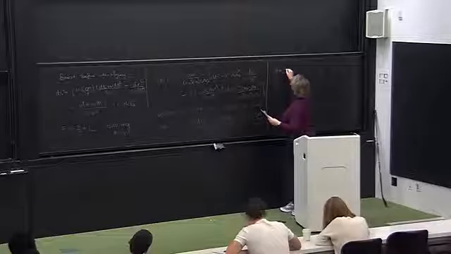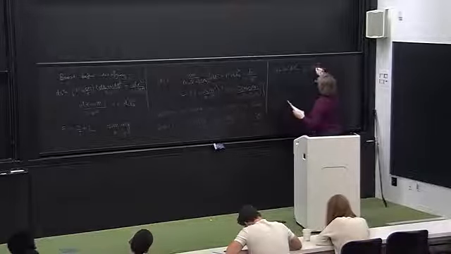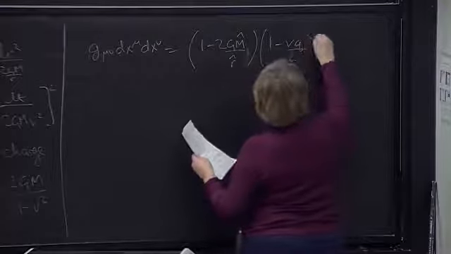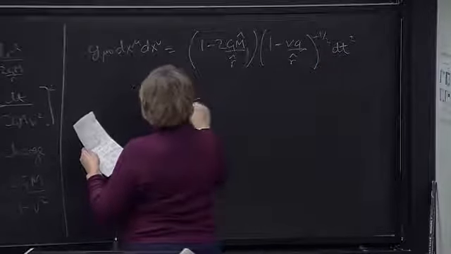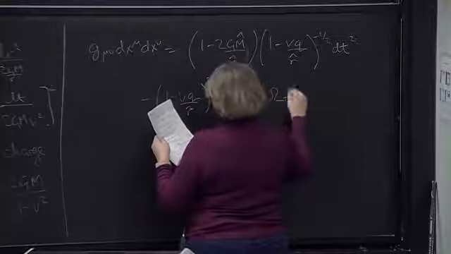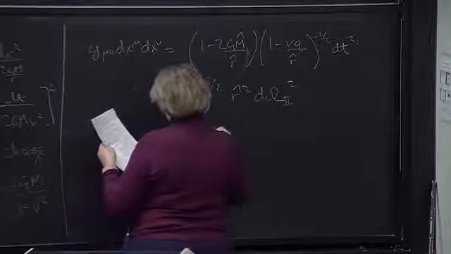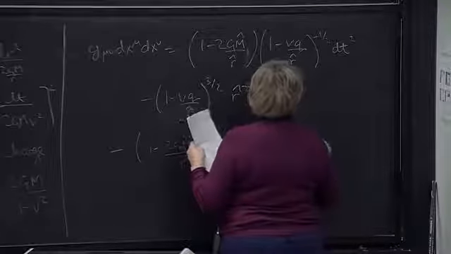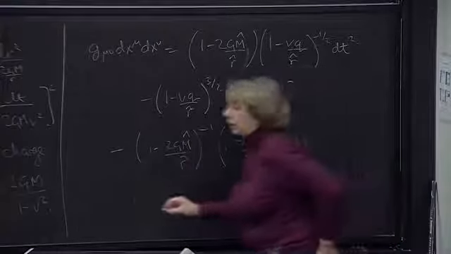And then what we get for our Einstein frame metric is this. This is our final Kaluza-Klein electric black hole.